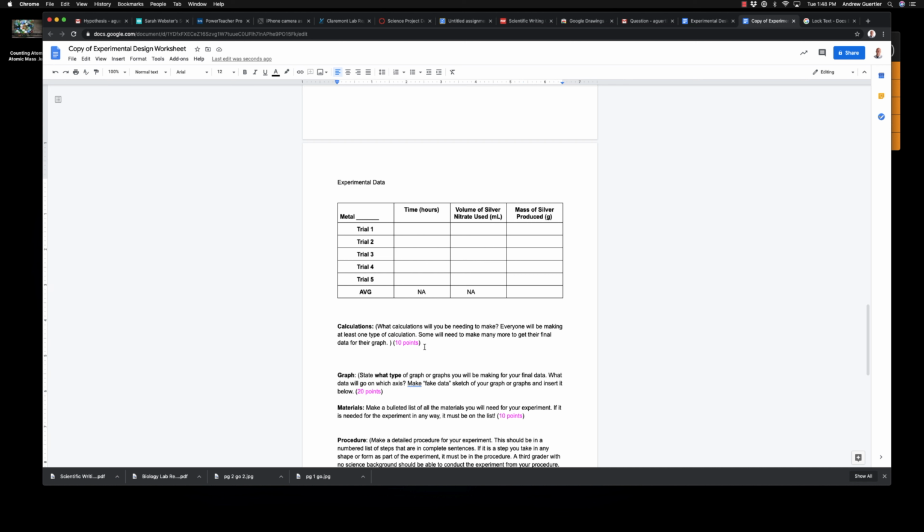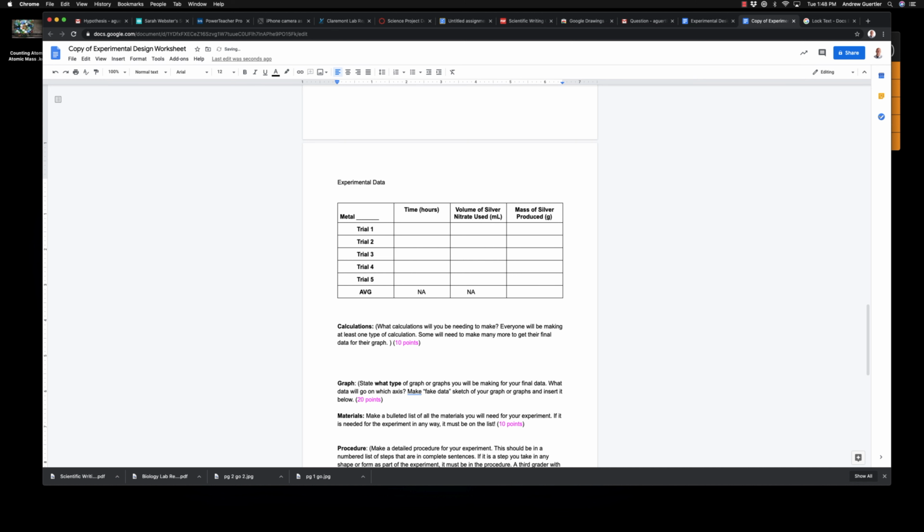So calculations. We'll need to do a few calculations for the silver nitrate solution production. You guys don't know how to do that yet, so I'm going to leave those blank.